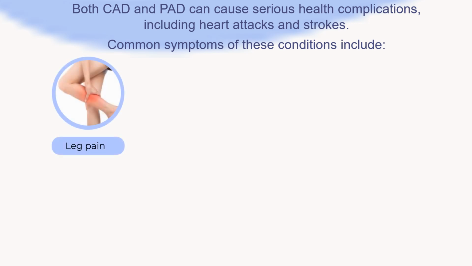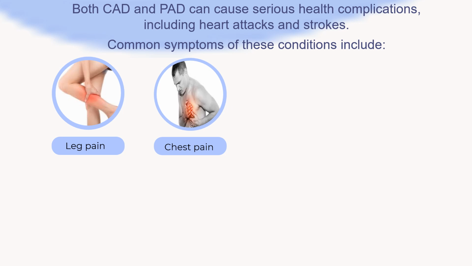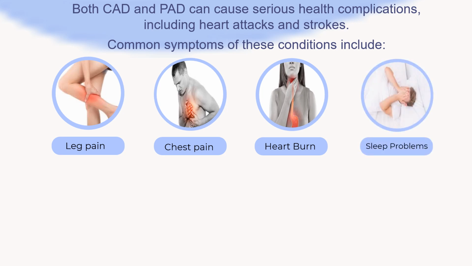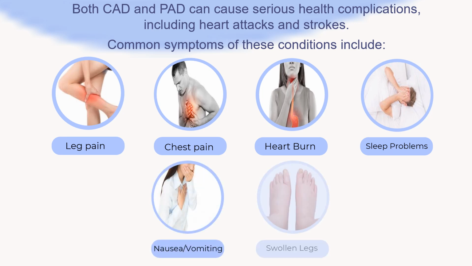Common symptoms of these conditions include leg pain, especially when walking or standing, chest pain, tightness or pressure in the chest, and shortness of breath, pain, tightness and pressure in the neck, jaw, shoulders, and back, indigestion and heartburn, sleep problems and daytime exhaustion, dizziness, heart palpitations, cold sweats, vomiting and nausea, swelling in the legs, ankles, feet, stomach, and veins of the neck, and fainting.